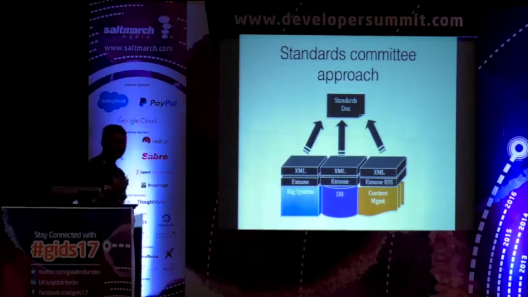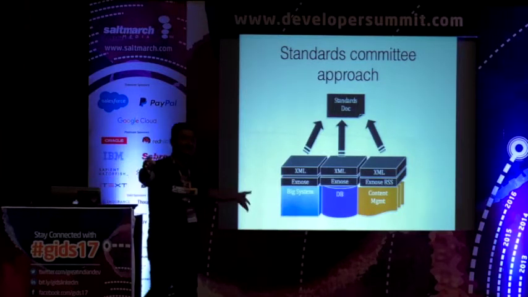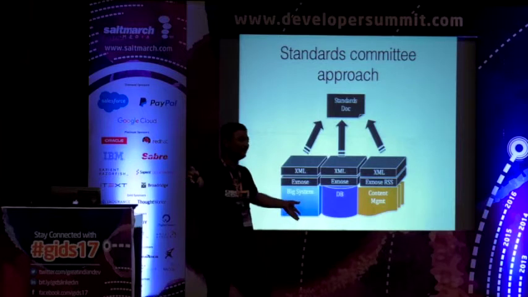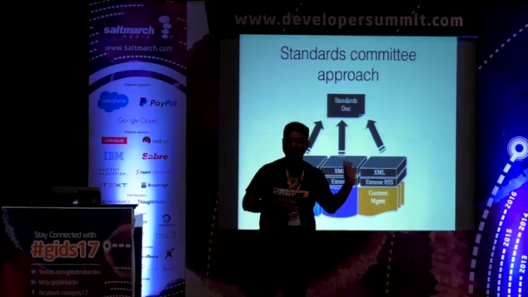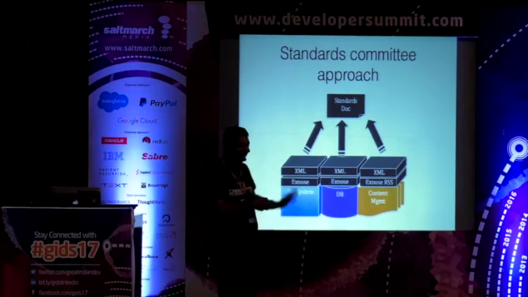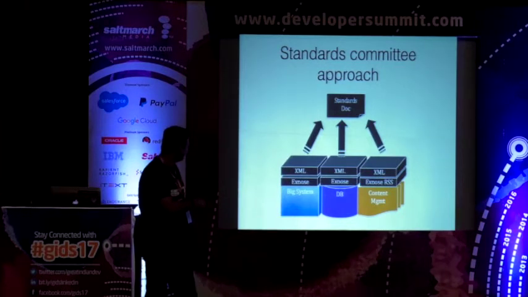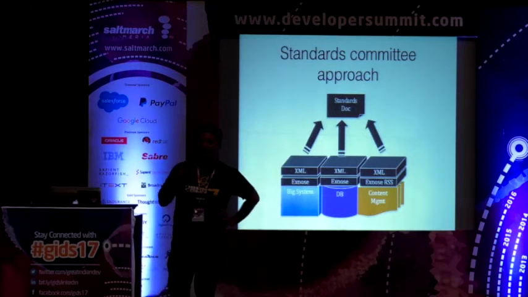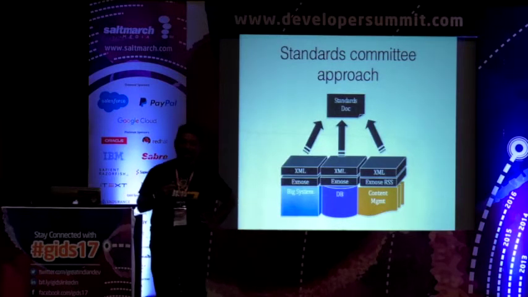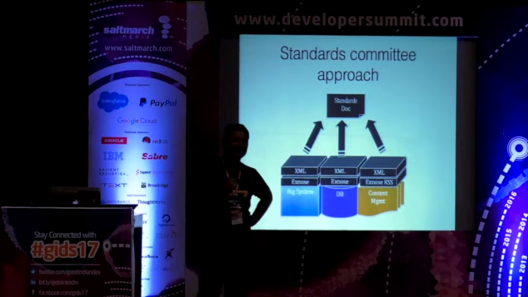Then we come up with a standards committee. We have a bunch of architects who sit together for a couple of months, and then they come up with something which is a little better, where you have a big system which exposes some XML APIs using the standards. But what's missing in this also? Anyone?